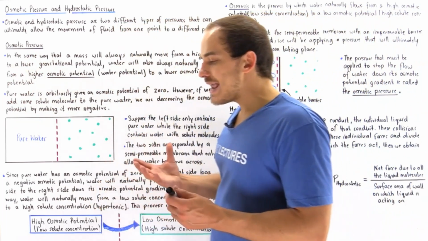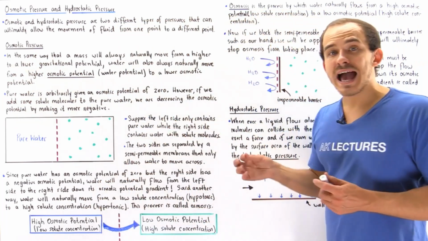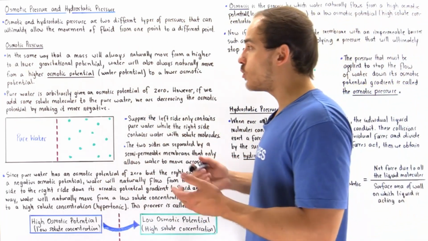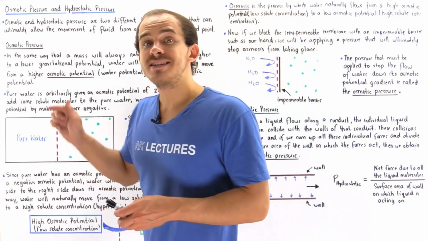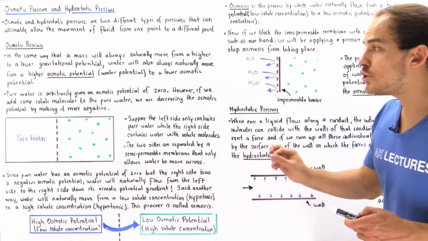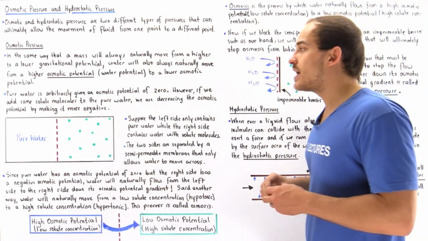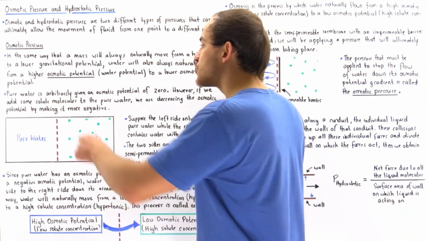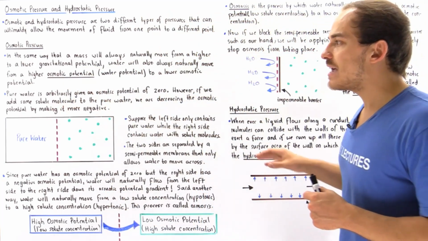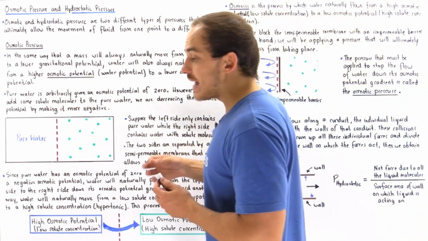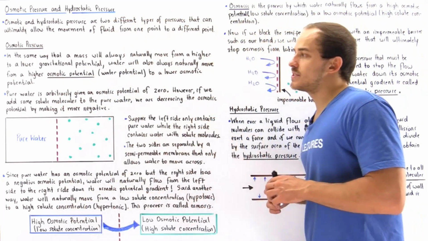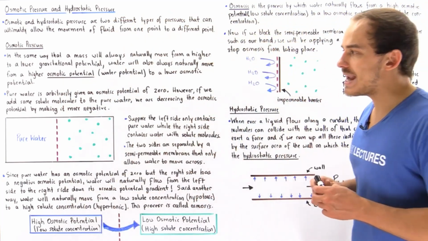Now, if we take the pure water and now we add some type of additional solute molecule, for example, sodium ions, then we decrease the osmotic potential of that non-pure water. So now it becomes more negative. So pure water is given a potential of 0, but anytime we take pure water and we add our solute molecules, now we're decreasing the osmotic potential, we're making it more negative.